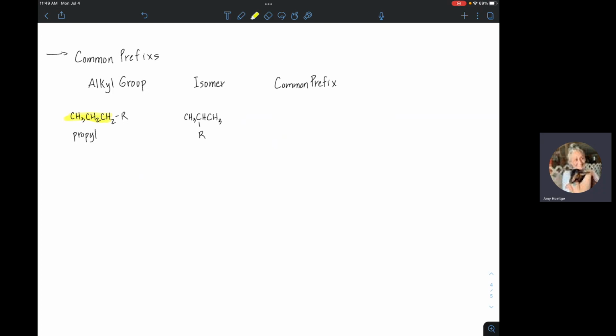All of a sudden, I still have 3 carbons, right? But I have what's called an isopropyl. Oh, let me put that. I made a little category for this. Isopropyl.